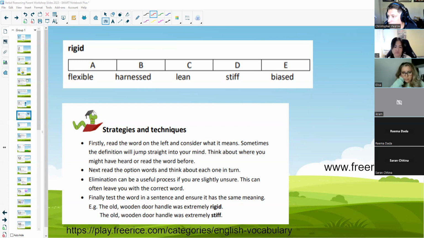I think it's a really good one to use. www.freerice.com, a really, really good one for English vocabulary. And I think when children get a question right, they donate rice into a world food program as well, which I think is really, really great. So good fun, that one. Okay.